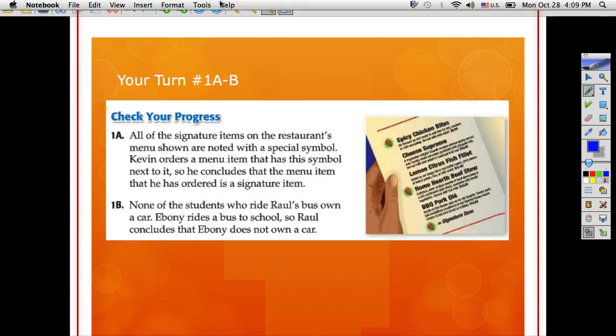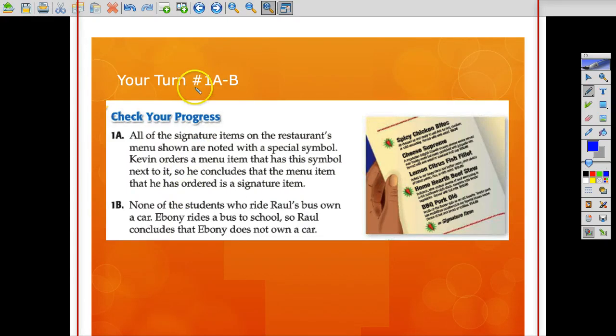So here's your turn, number 1A and 1B. Go ahead and tell me if it's inductive or deductive reasoning. Let me just write it here for you. Inductive: based on patterns or observation.